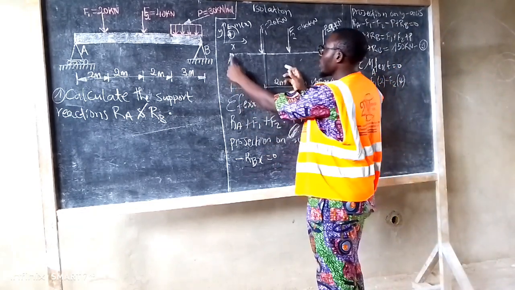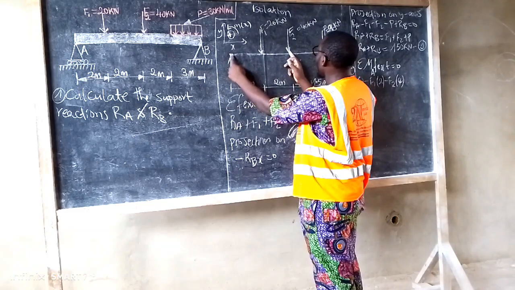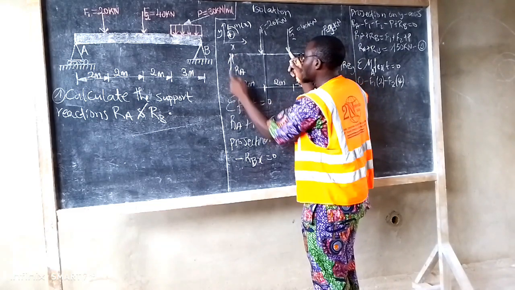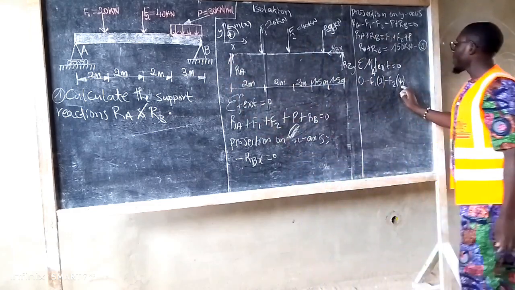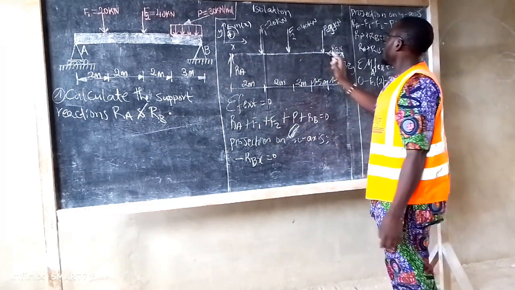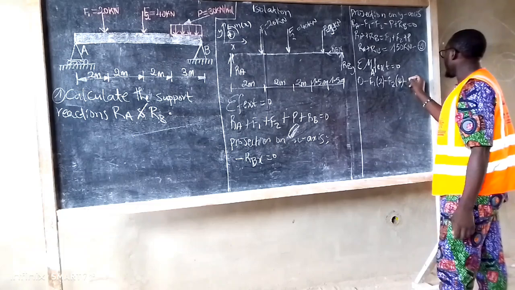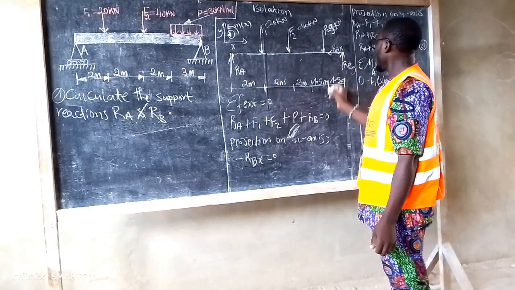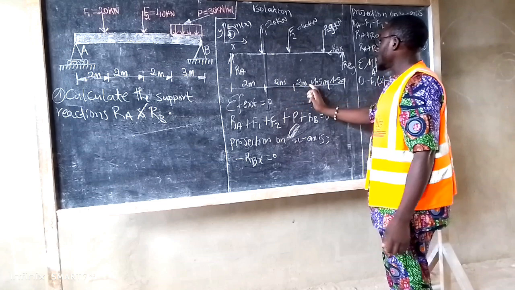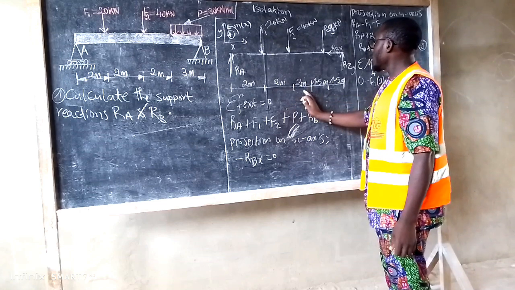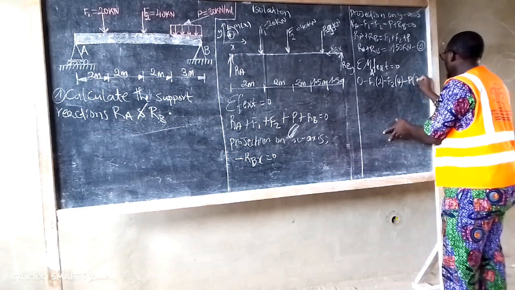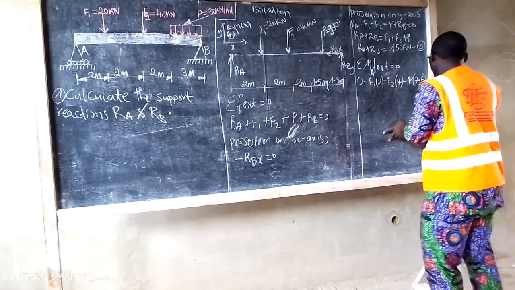It is 4 because we are summing the perpendicular distance from F2 to our center of moment, taking 2 meters plus 2 meters giving us 4 meters. That's why we have 4 here. Same for P. We are going to have negative P into, this is 6, 7.5, into 7.5.